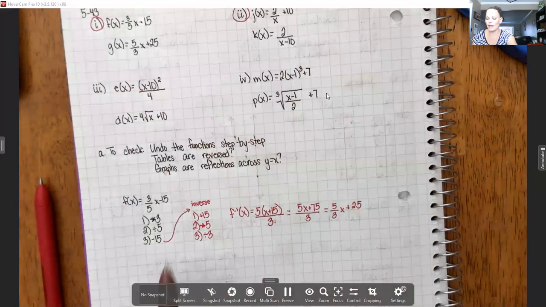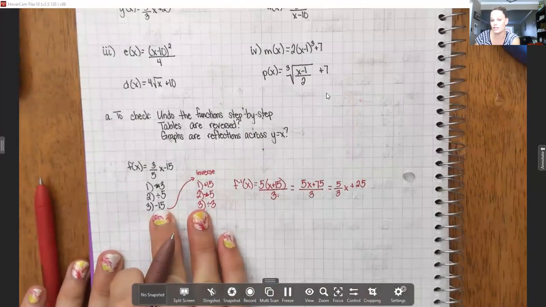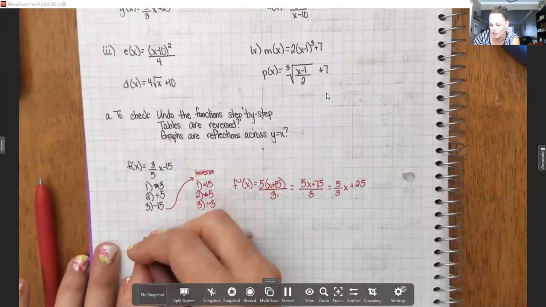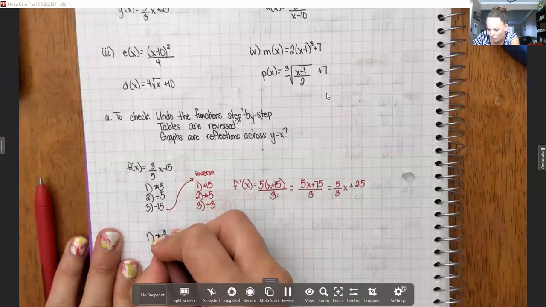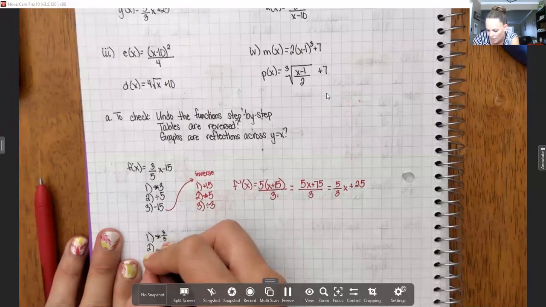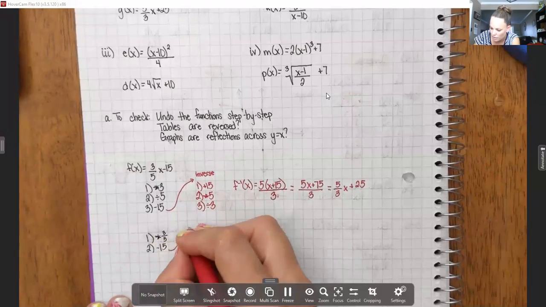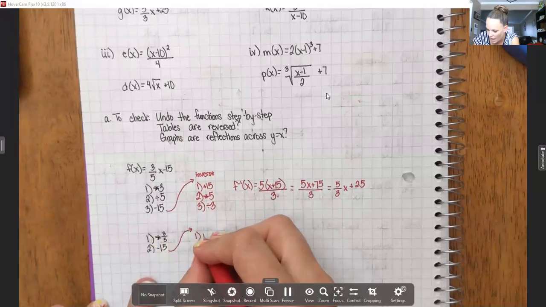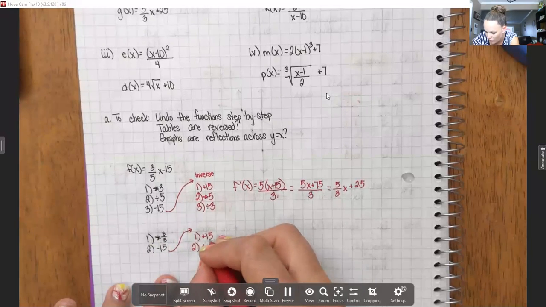And again, if you're okay with multiplying by a fraction, if that makes sense to you, awesome. You can ignore this. It shouldn't take but 30 seconds or so. If you want to say that we multiply by 3/5 and then subtract 15, well, here we would add 15 and then divide by 3/5.